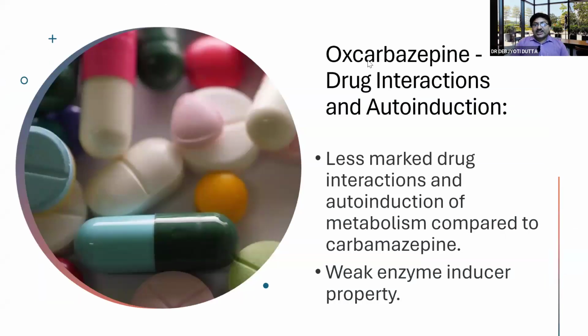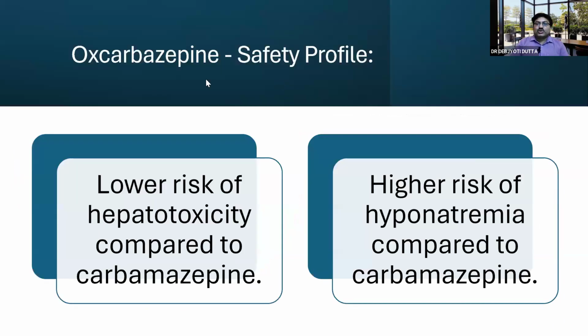Now, regarding drug interaction and autoinduction, it causes less autoinduction and has a weak enzyme inducer property, and the interaction with other drugs is also much less. It has a lower risk of toxicity compared to carbamazepine, but a higher risk of hyponatremia compared to carbamazepine.